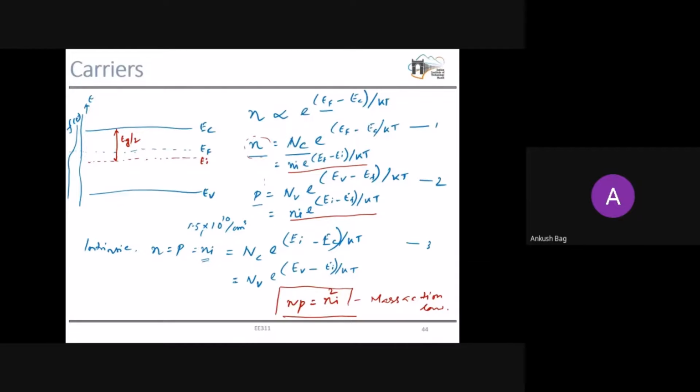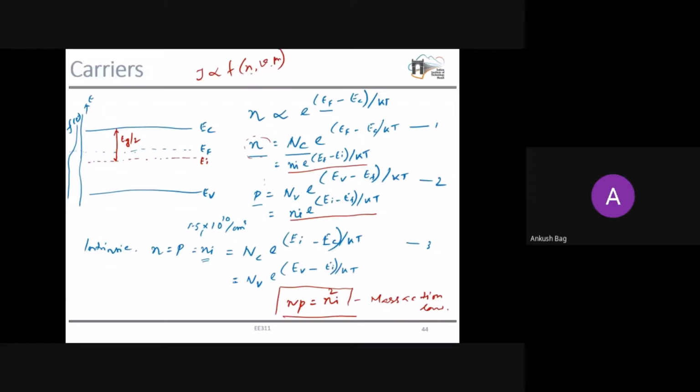So okay, I think till now the concepts are clear. Now we need to understand that your current density is a function of both the number of carriers as well as saturation velocity or mobility.